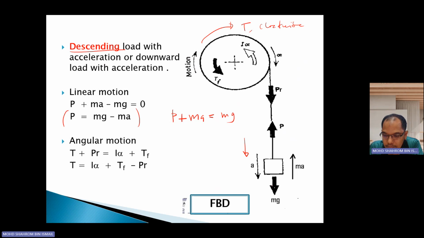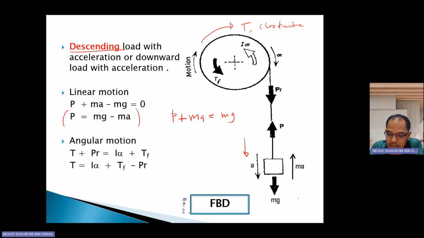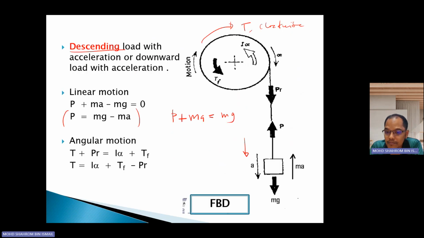MG is still downward. Compared to this case, it goes by a different thing. I do believe all the arrows play a very vital part in your study, in solving the problem. So you need to understand P is always acting upward.